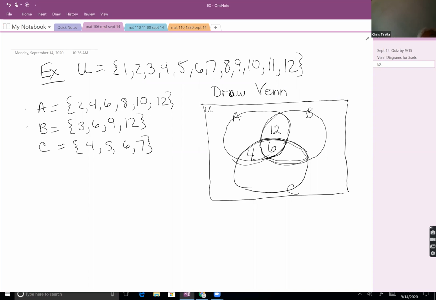Now, we'll fill in the rest of our loops. A has 4, 6, 12. Is there anything else that goes in A? Yes, I think it's 2. 4 is in there, 6 is already there. 8 we need to add, and 10.